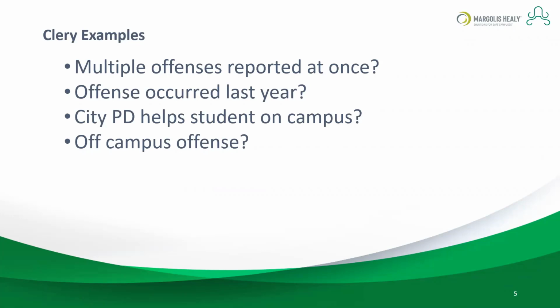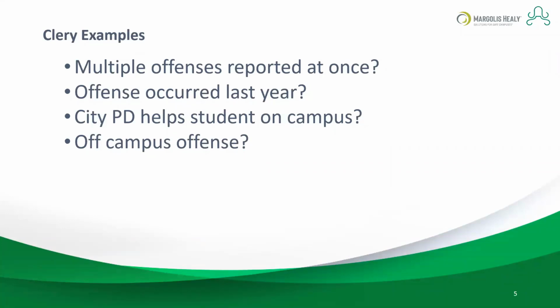If you only had one rape and you UCR'd it in 2020 and you Clery'd it in 2021, that's going to lead to an obvious question. And it's in the nature of the way the regulations are written.